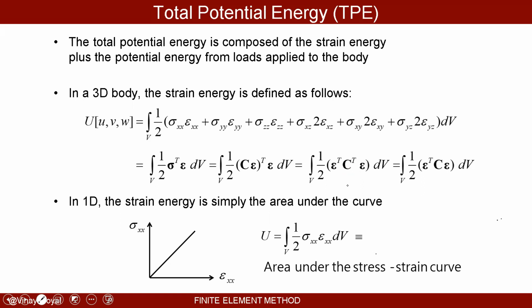So very neat. And the strain energy is simply the area under the curve. I already showed you that in the little diagram. So that's the strain energy of the whole body of material in 3D.